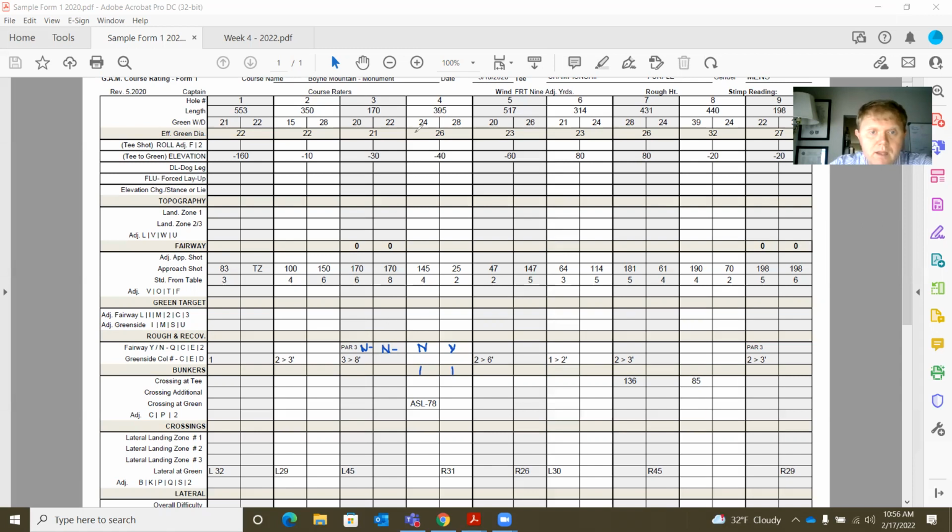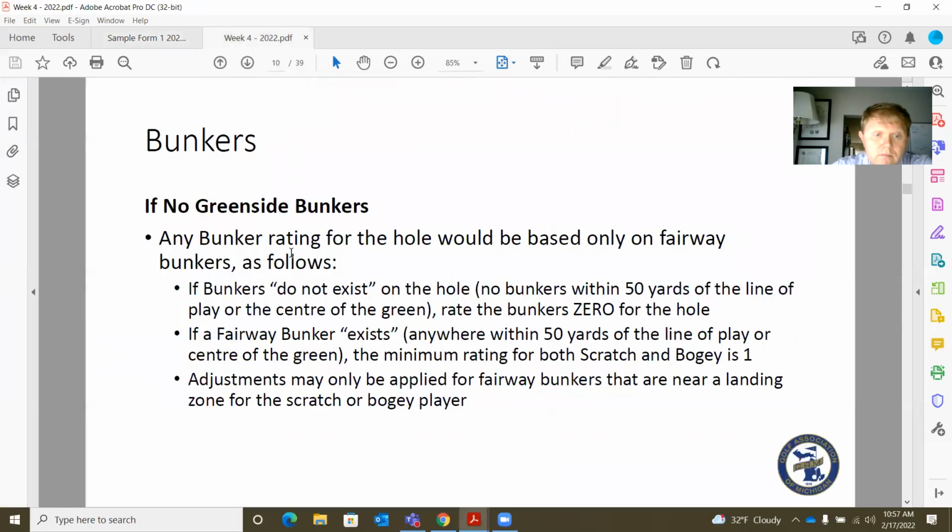In this case, our bogey player, it's a par 3, a 1-shot hole, so there's still going to be an N-. But if you had a 220-yard hole, the bogey player, male player, hits it 200 off the tee, so in that case, they could have a fairway bunker. So it wouldn't by default be N-. All right, those are some of the things that are kind of automatic.